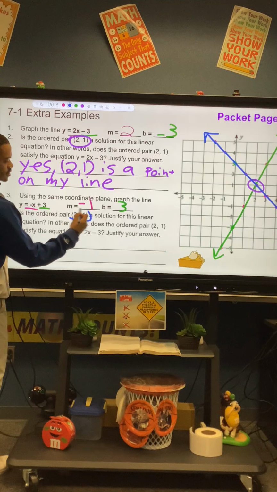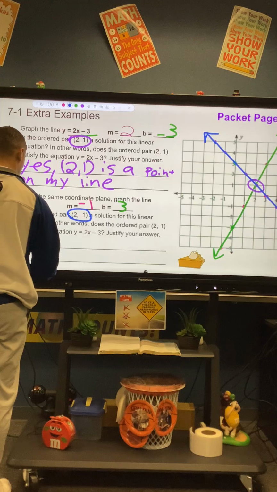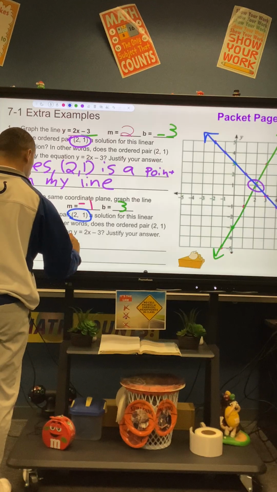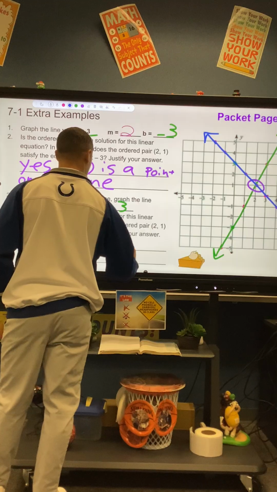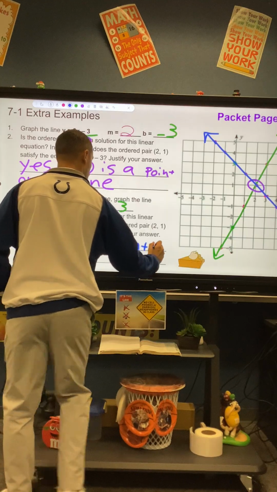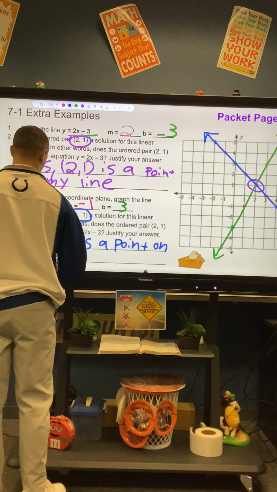Is 2, 1 a solution on this line? Yes or no? If it's a solution on the line, it's because it's a point on that line. Is 2, 1 a point on my blue line? Yes, right? So again, yes. 2, 1 is a point on my line.